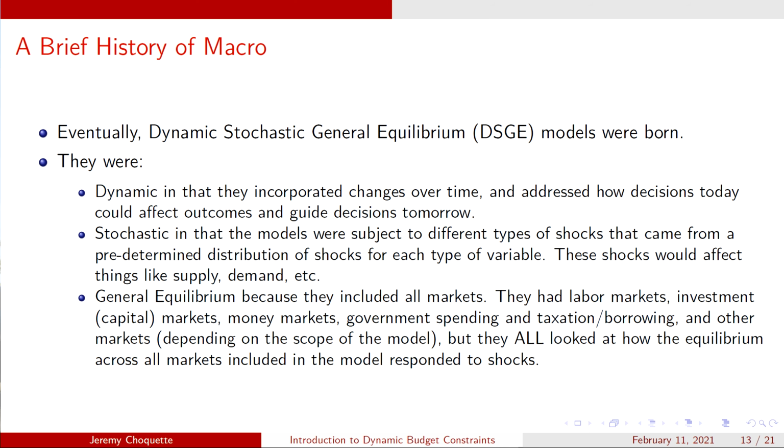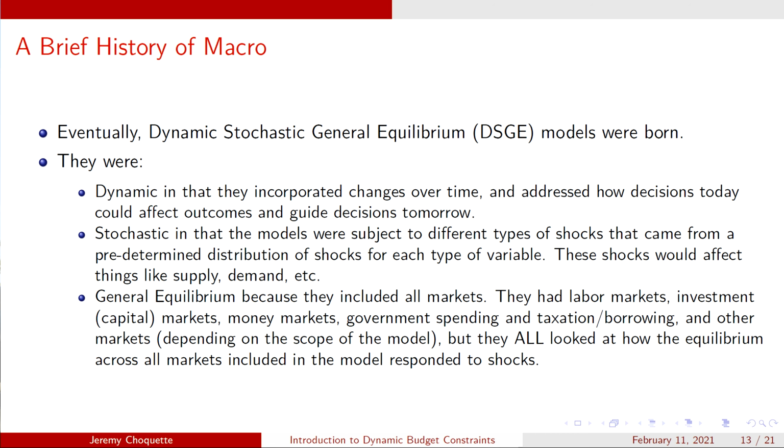All right, if you screw with something in the market for guitars, it's probably going to affect the markets for guitar pickups or guitar strings, right? Those things are going to be related. That would be looking at more of a general equilibrium framework than just, what happens to guitars? And these models look at it from that perspective.